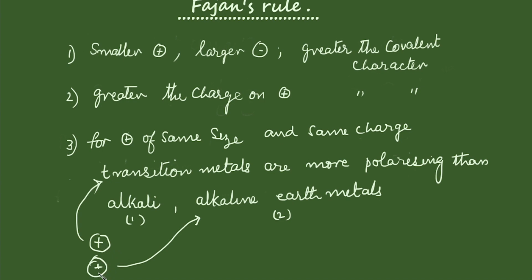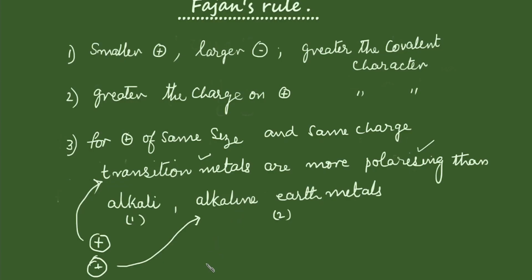The charge on the cation also is the same. Then the compound with the transition metal has more polarizing ability. That compound will have more covalent character than the compound having alkaline earth metal.